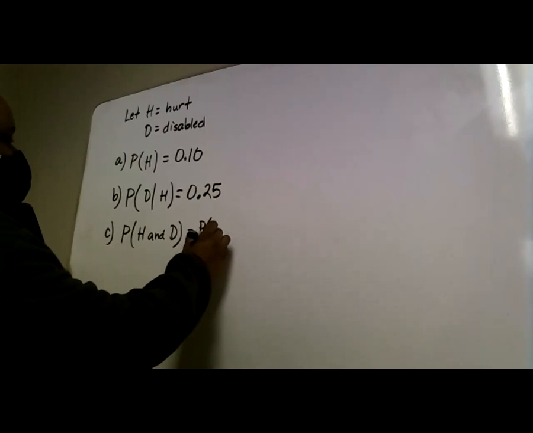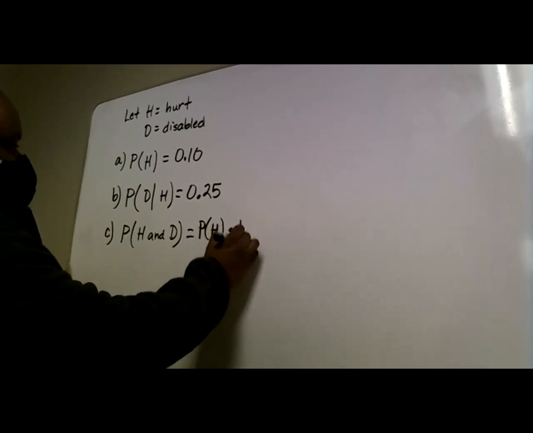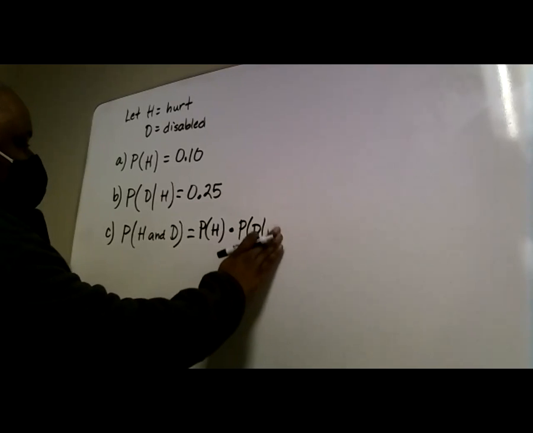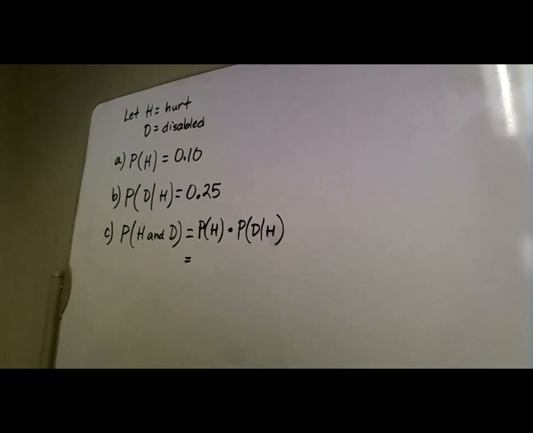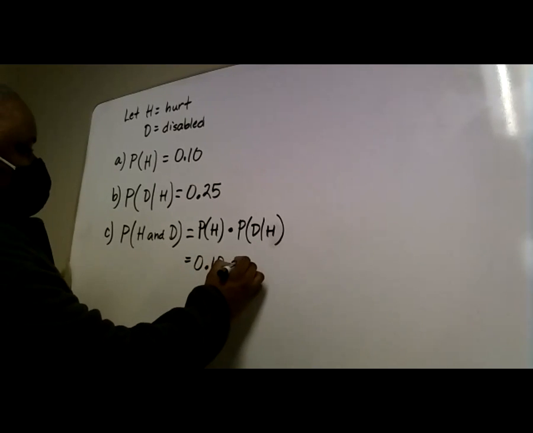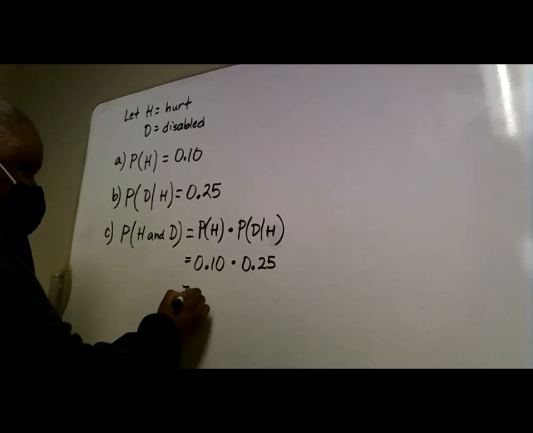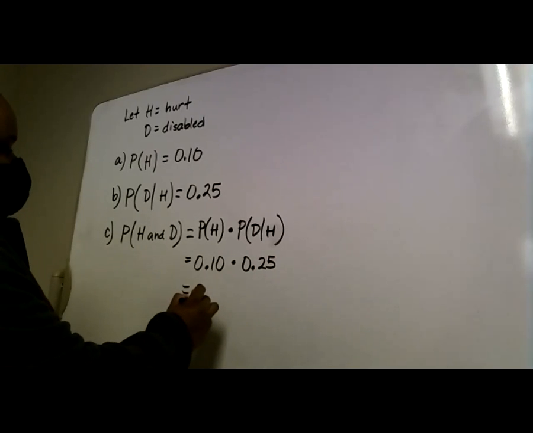Probability that the police officer is hurt, times the probability that the police officer is permanently disabled, given that he or she was hurt. So the probability the individual was hurt, 0.10, times the probability of being permanently disabled, given that the officer was hurt, that's 0.25. So 0.10 times 0.25 is how much? 0.025.